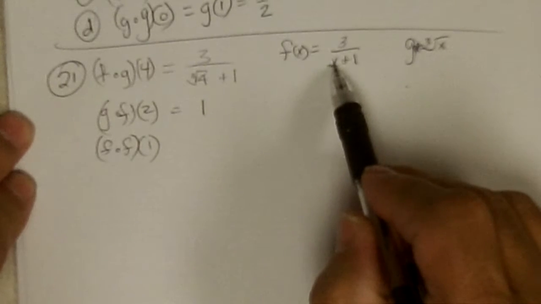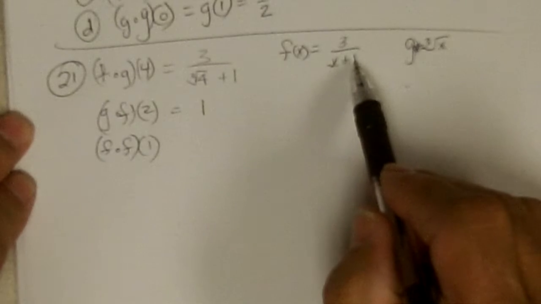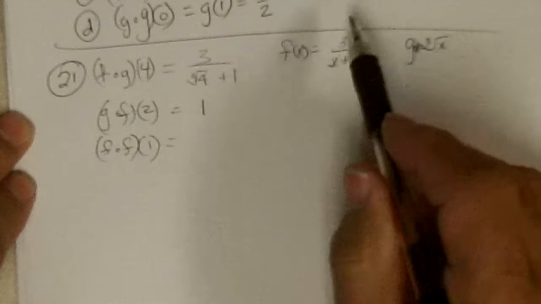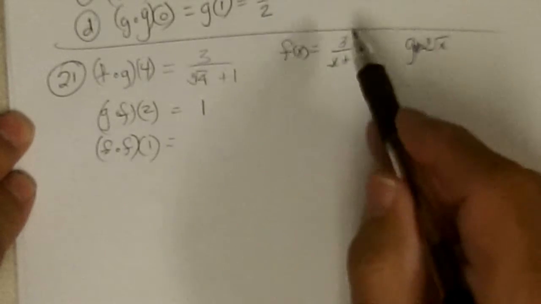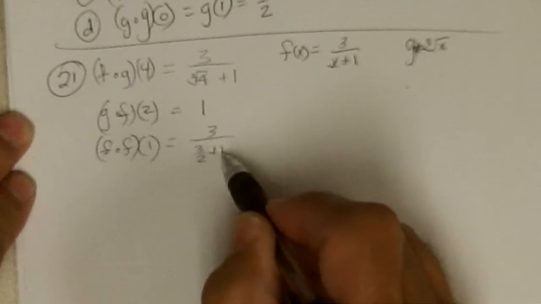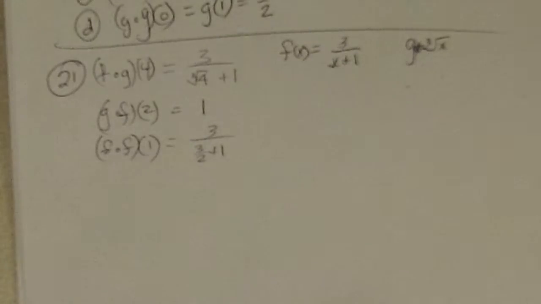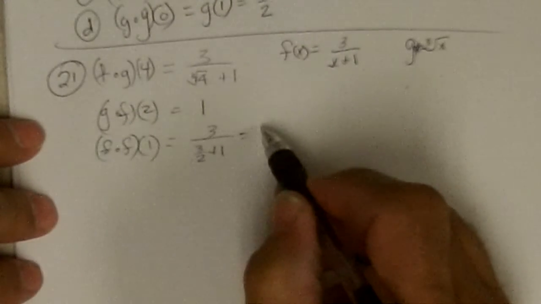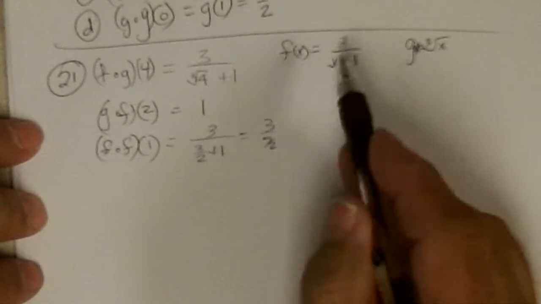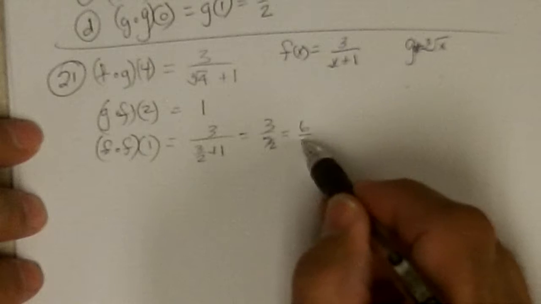So if I put 1 in here, I get 3 over 2. And so I get 3 halves that I have to put into f. So I get 3 over 3 halves plus 1, which is 3 divided by 5 halves, which is 6 fifths.